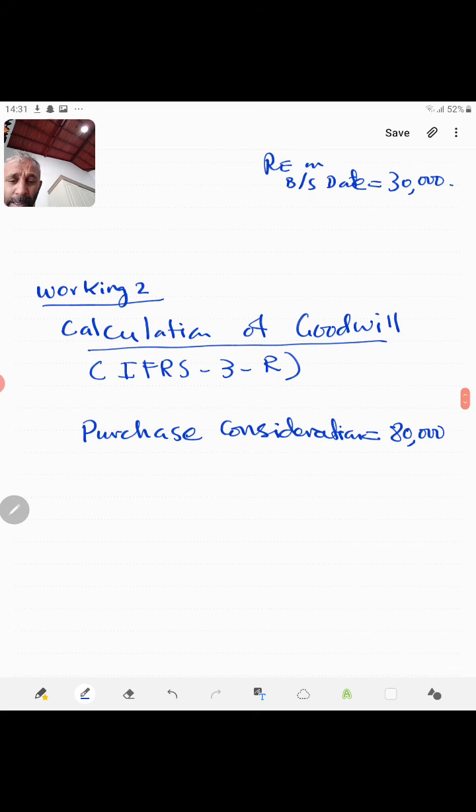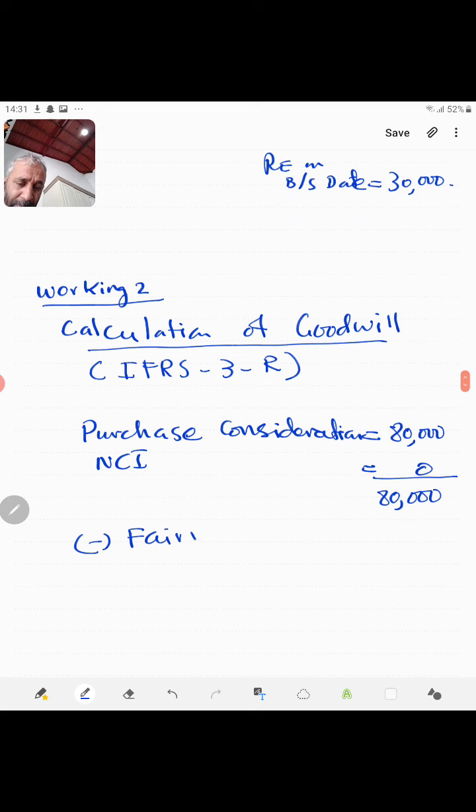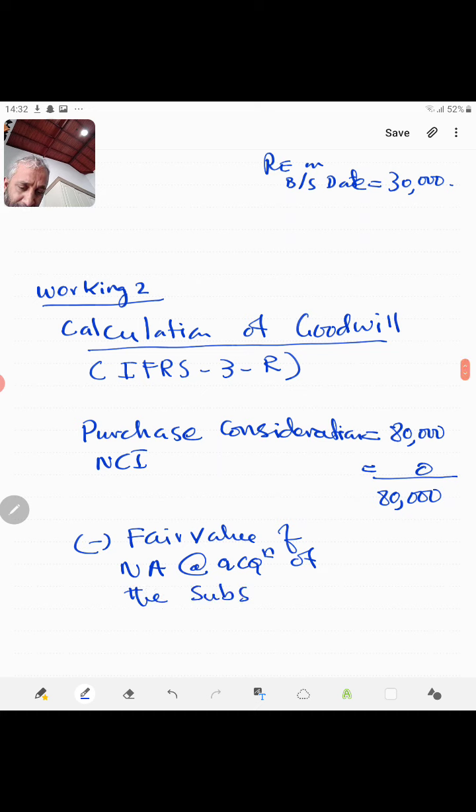So here we will not have NCI. NCI will become 0. So in total we have 80,000 minus the fair value of net assets at the date of acquisition of the subsidiary.